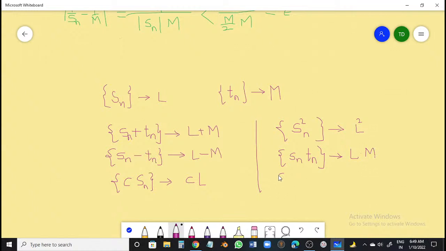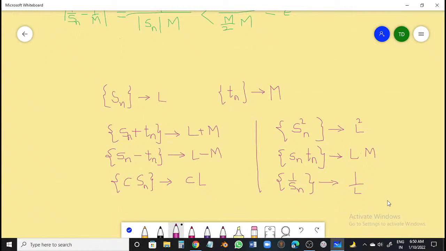And just now we have seen, if we have the sequence of reciprocals 1 by Sn, then that sequence also goes to 1 by L, because Sn is converging to L. Only one thing we have to guarantee, that L is a non-zero number.